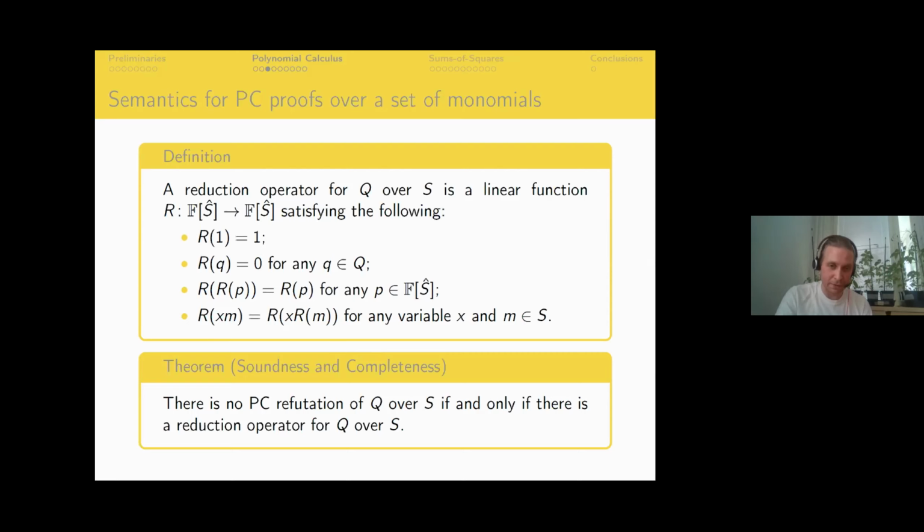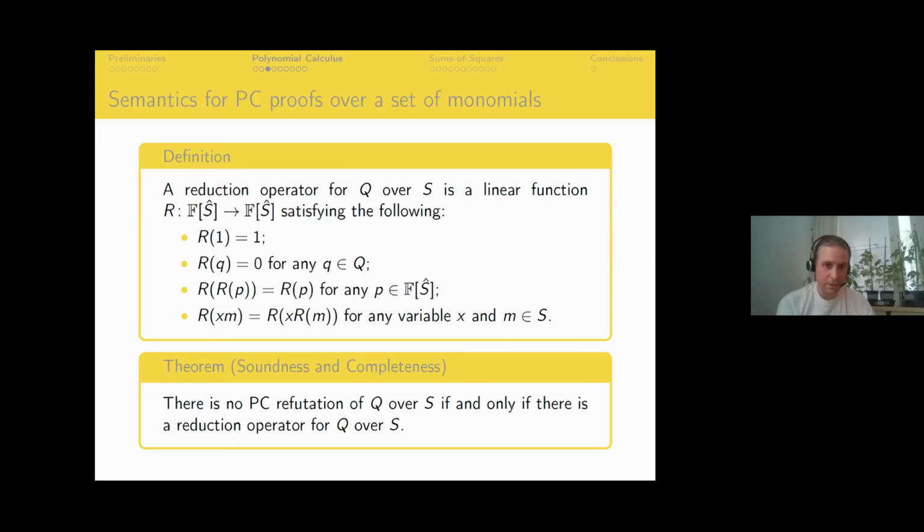I was planning to go through the details in the second half of this talk. Okay. So basically what you're saying is that suppose we have a set of polynomials that are satisfiable, then you just let the reduction operator be reduction modulo the ideal generated by those polynomials.